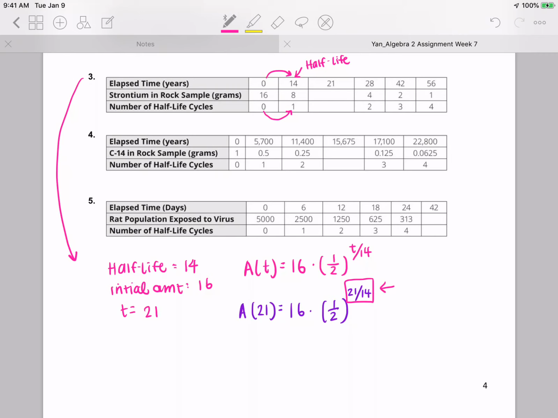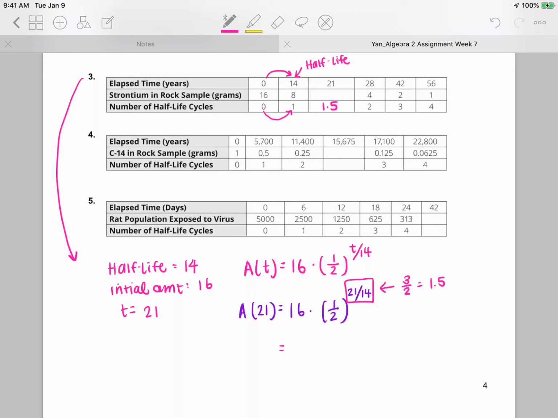If it's a perfect number, like if I put 28 instead of 21, it will give me 2. But I know 21 doesn't go into 14 perfectly, and you can simplify it, or we can write it like a decimal, which is 1.5. Okay, so right here, this is 1.5. It has only gone through 1.5 cycles. So let's finish it.